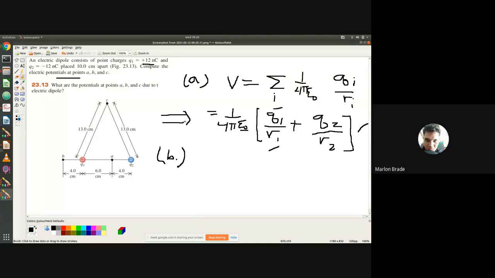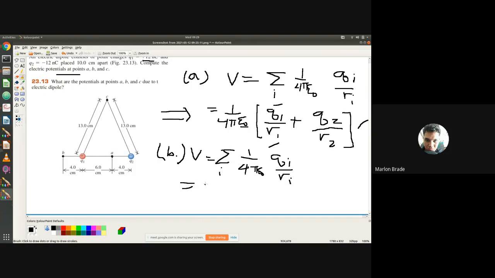So for the second, look. The V here is still the same, the summation over i. How many charges? Two again, right? 1 over 4 pi epsilon naught times Q sub i over R sub i. This equals 1 over 4 pi epsilon naught times, where is point B? This is letter B. First, what is the distance of Q1 to B?